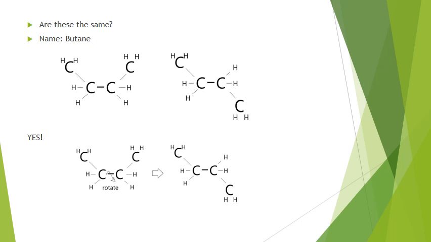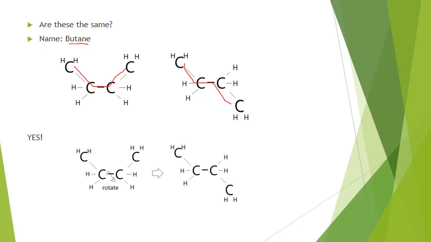Okay. All right. So before we go to that, let's look at butane, which is an alkane. So I drew it like this, right here. And I also draw it like this. And then I ask you, are these two structures the same?